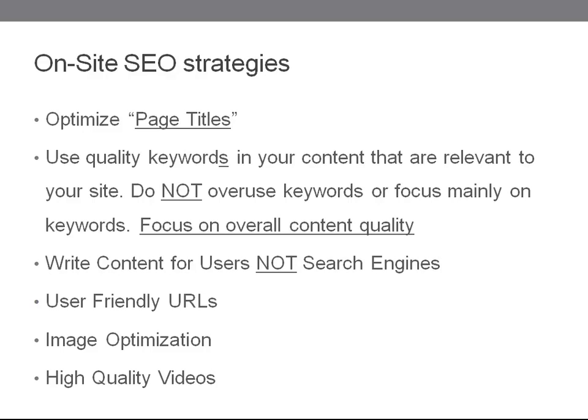So some of the effective on-site strategies are optimizing page titles. Page titles are what you see, let's say, when you open a new tab in Chrome or Firefox. You'll see a title, some content in that tab, and that's usually the page title.